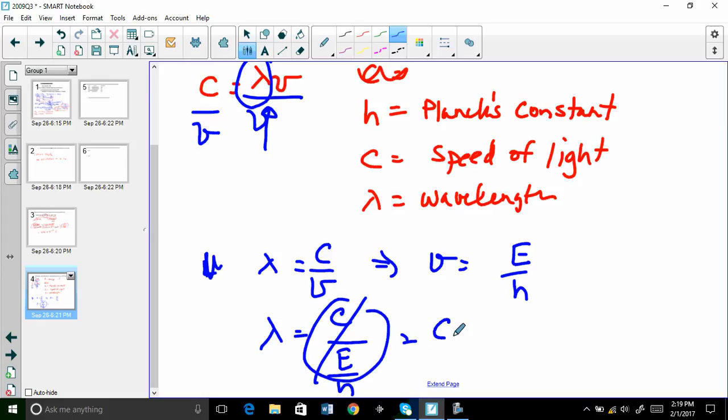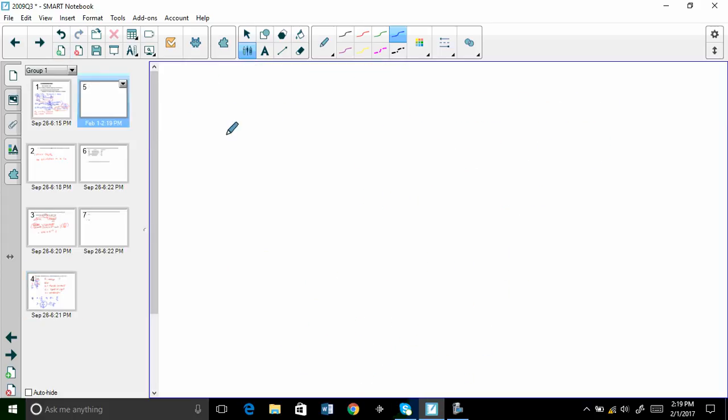Remember, you leave the top alone, and instead of dividing, you multiply by the reciprocal, so H over E. So that is a fancy way of telling you, you have to do a lot of algebra to figure out that the wavelength is going to be equal to H times C over E.